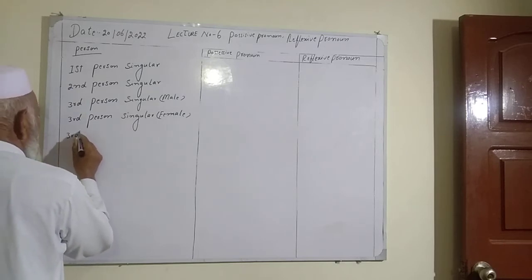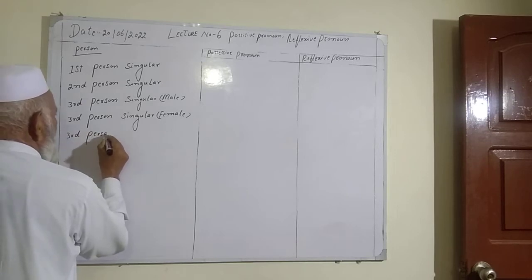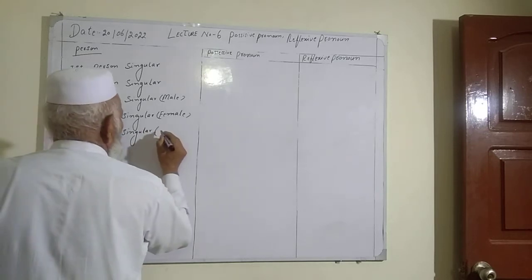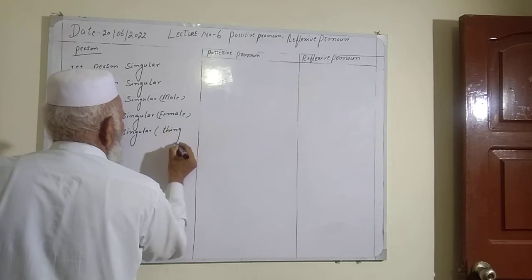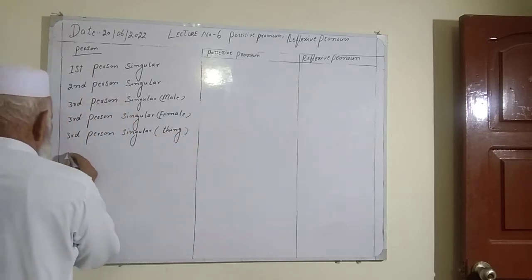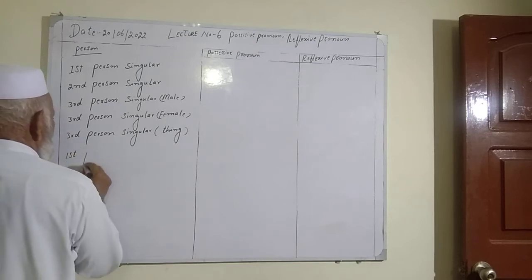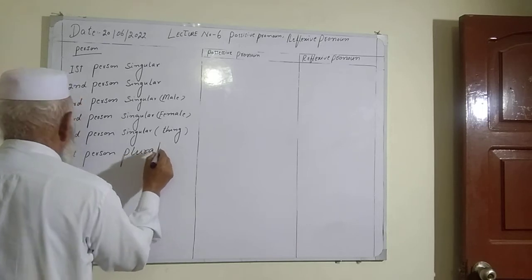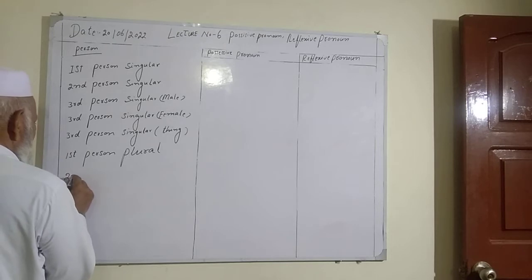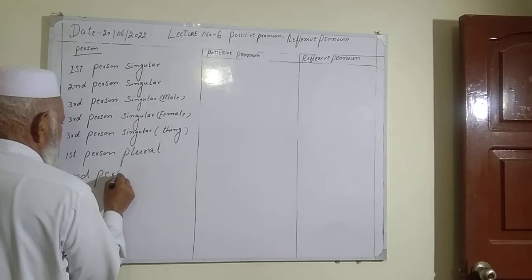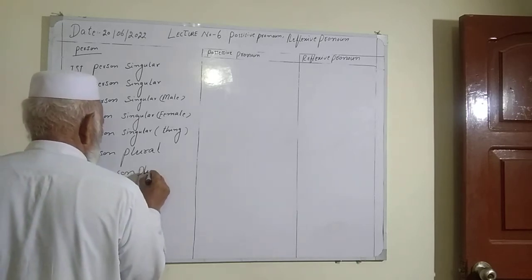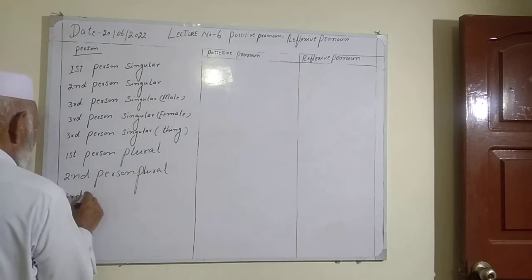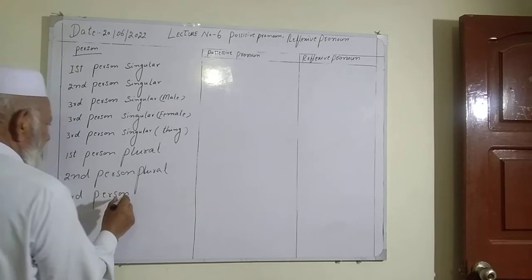Third person singular, thing. First person plural, second person plural, third person plural.